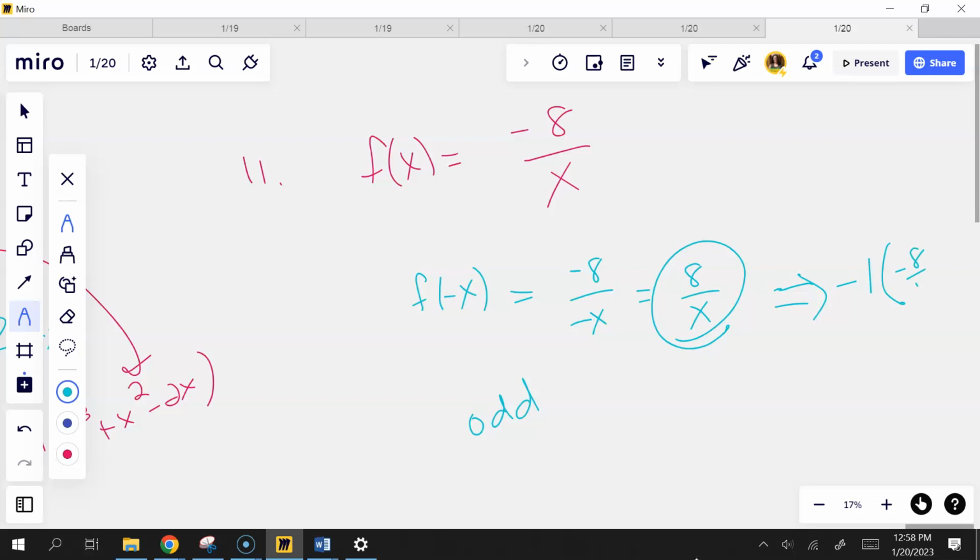I would have to make that negative, and now that's exactly the same, so it's odd. If negative 1 times f of x equals this, then it's odd. I'm showing it a bunch of different ways.